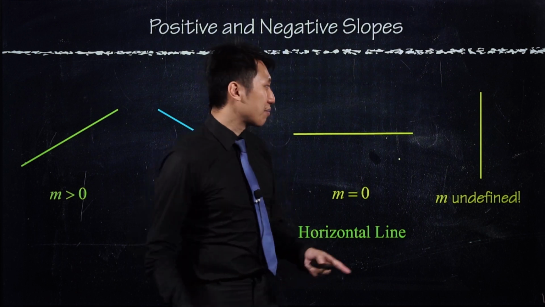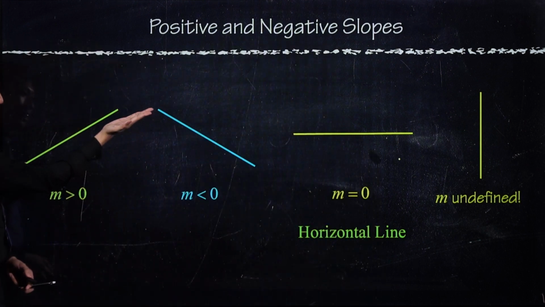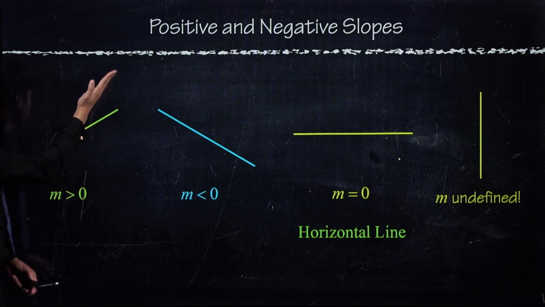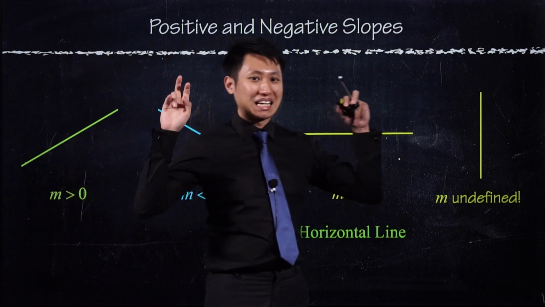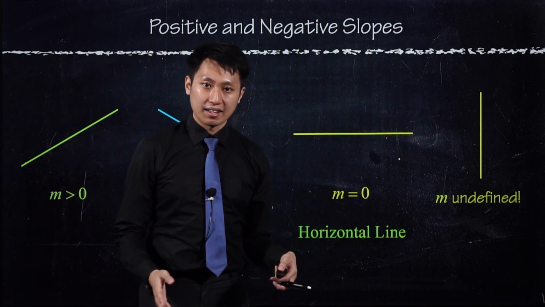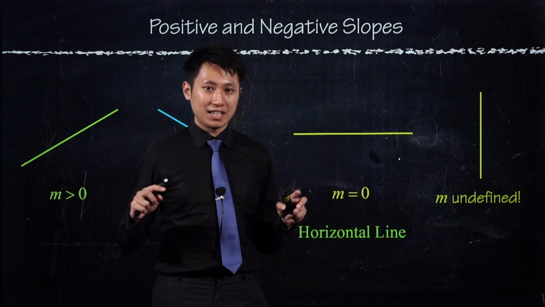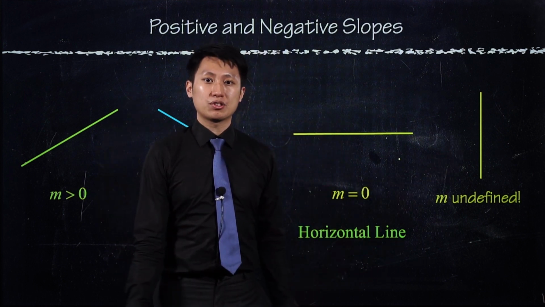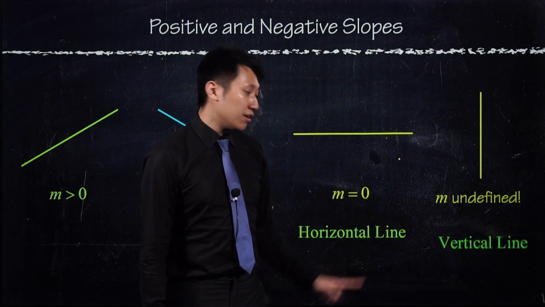Because as this one tilts higher, it has a bigger slope, bigger slope, bigger slope, so that one is like the biggest slope. You can remember this as infinity, but you shouldn't write m equals infinity. So m is undefined, and this is for a vertical line.